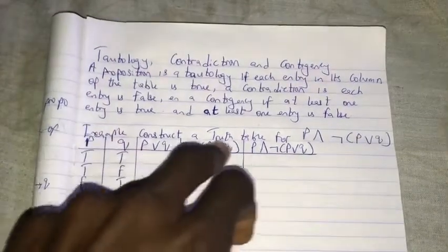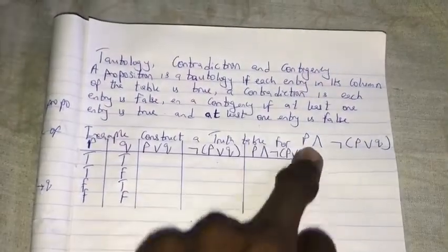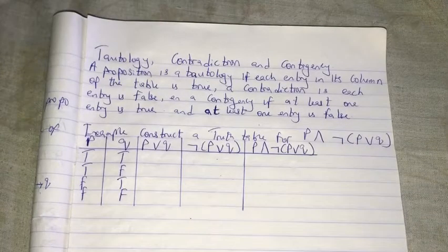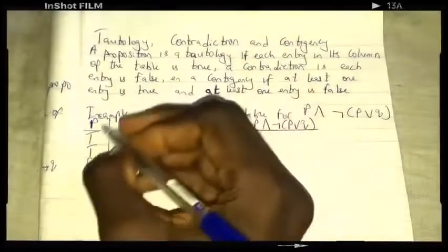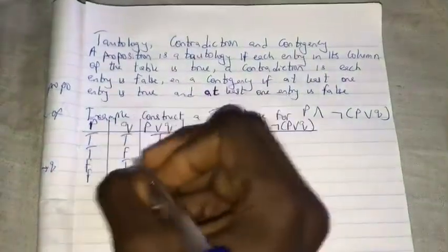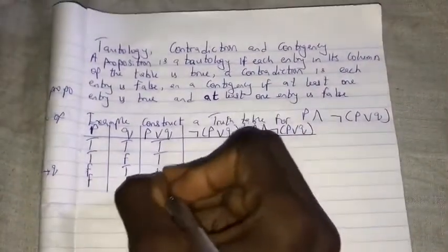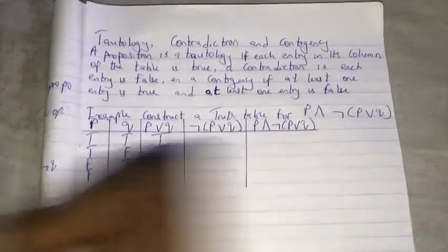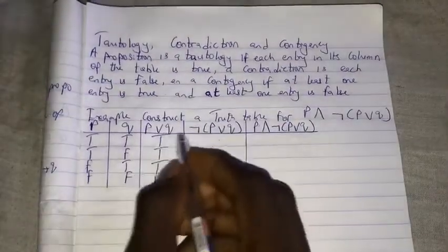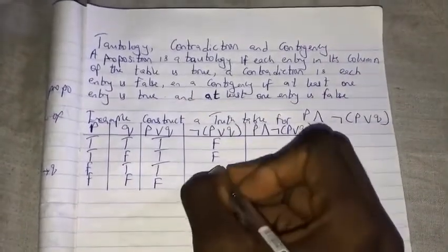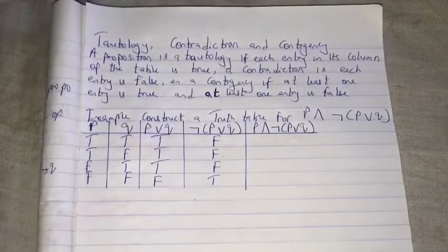For an example, construct a truth table for P and negation of P or Q. Alright, let's quickly dive in. First, P or Q: true, true, true, false. Negation of this is false, false, false, true.